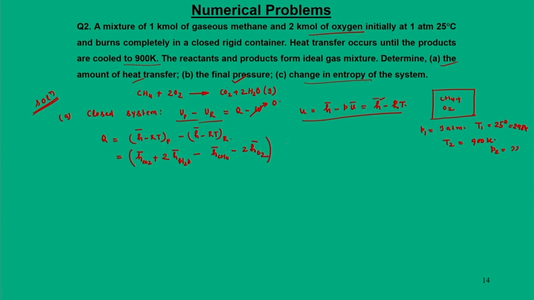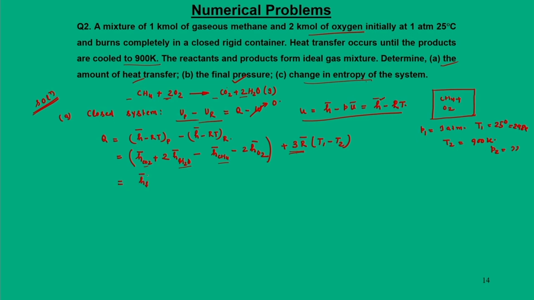So this is the enthalpy part, plus 3 R bar (T1 minus T2). That is because you have 2 moles here and 1 mole here, so there will be 3 terms; in fact, here also 1 mole and here 2 moles. So that will be 3 times R bar times (T1 minus T2). Then we have to calculate each of the values for CO2 and H2O, which we find through enthalpies of formation.